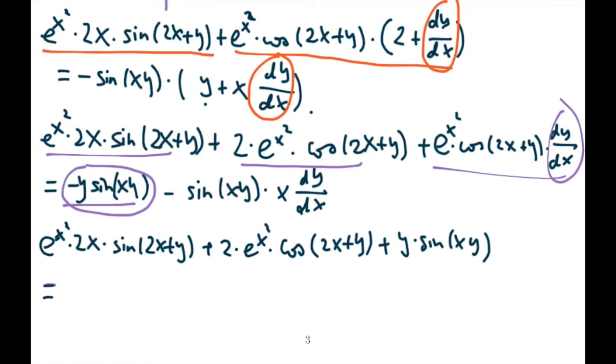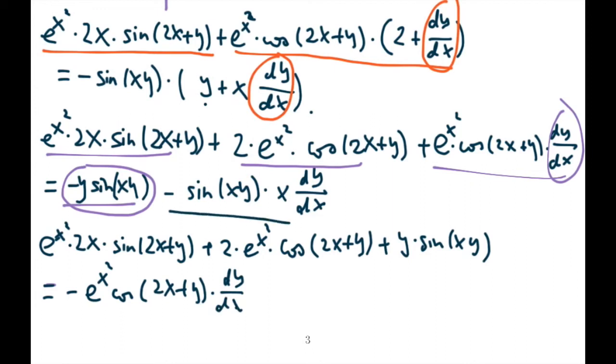That is equal to negative e to the x squared times cosine of 2x plus y times dy over dx, and copy this term down, negative sine xy times x times dy over dx.